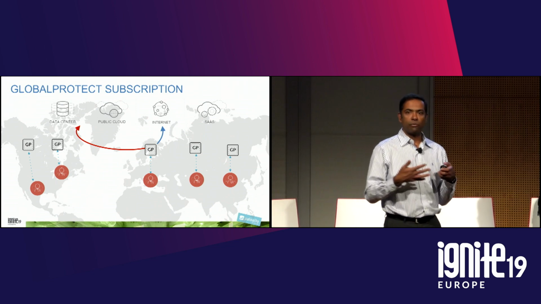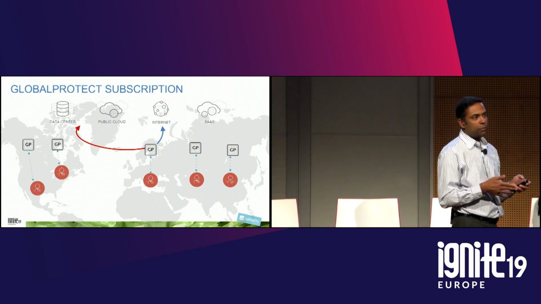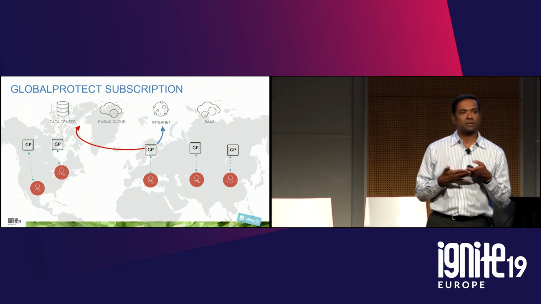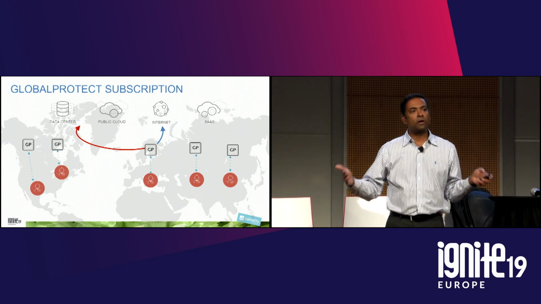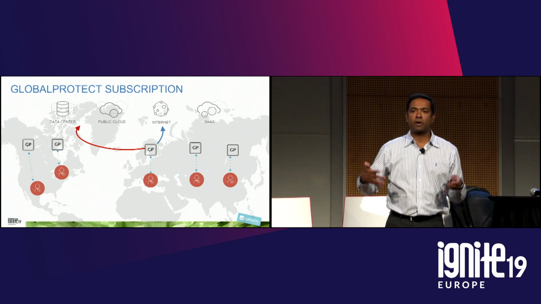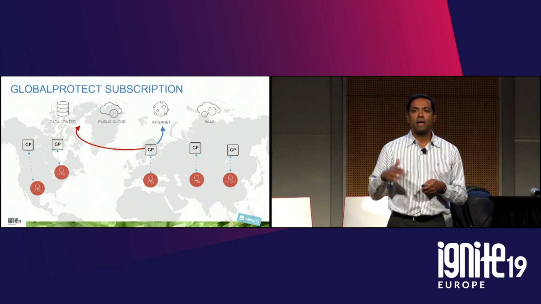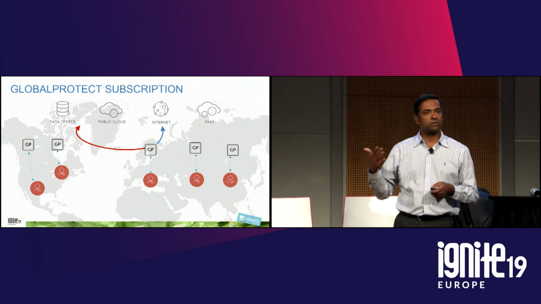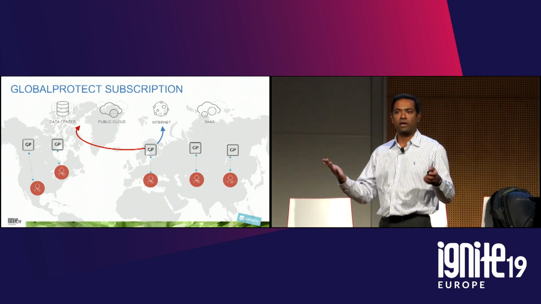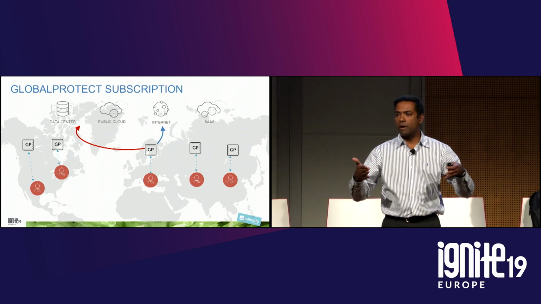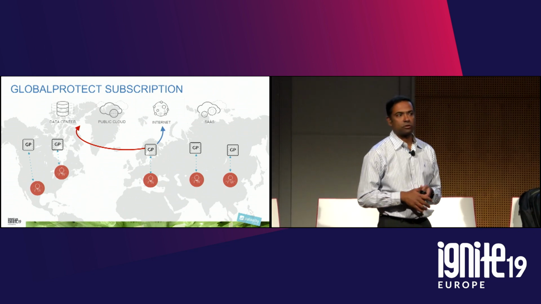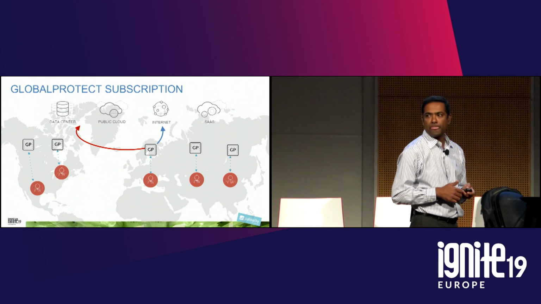But there's one problem with this picture. The problem was that the customer was responsible for deploying this infrastructure around the world. So how do you deploy this large infrastructure and operate and manage it? Many customers were able to successfully do that, but not everybody has the bandwidth or the capacity to deploy, manage, and operate such large infrastructure to provide the best user experience, right?